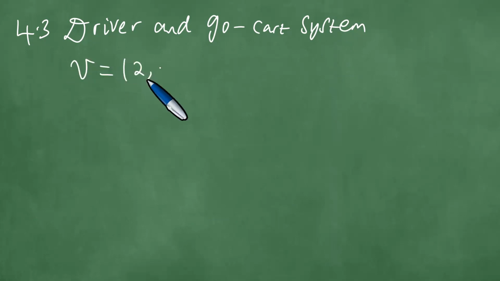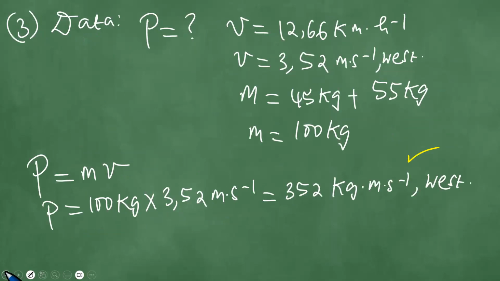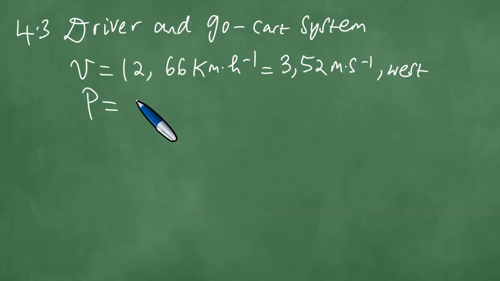We saw that it is 12.66 kilometers per hour, exactly 3.52 meters per second west. Momentum of the system. Right, we added the mass of the go-kart and the driver, and we got 100, and we got the momentum to be 352 kilograms meters per second west.